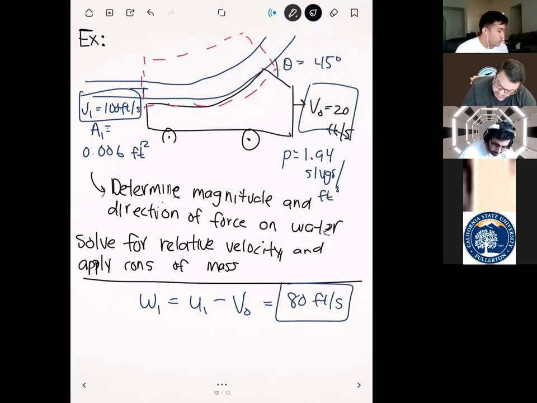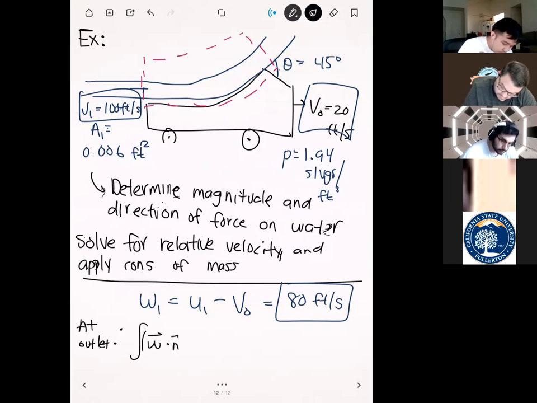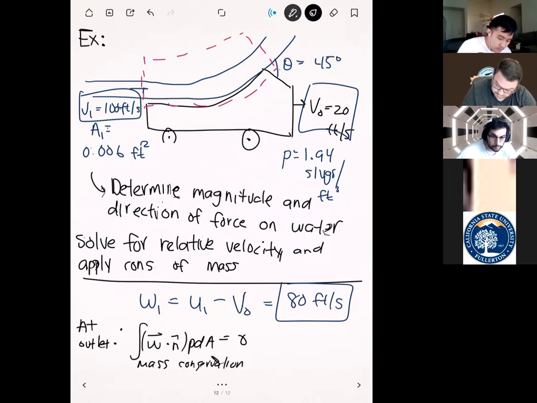And so the next thing that we'll compute is W2 at the outlet. Since we have a steady problem, we know that we have this. So this is for conservation of mass. If we work through the math right here, we can see that W2 is going to equal W1. And so W2 will also equal 80 feet per second.